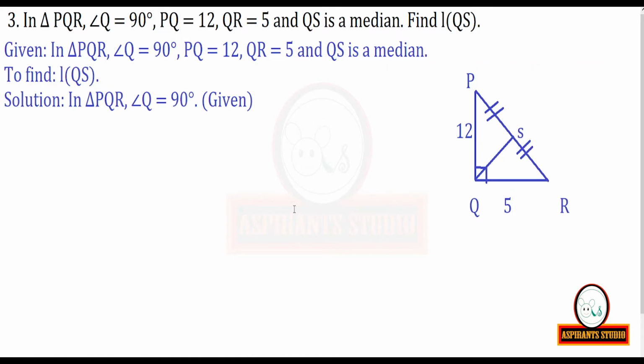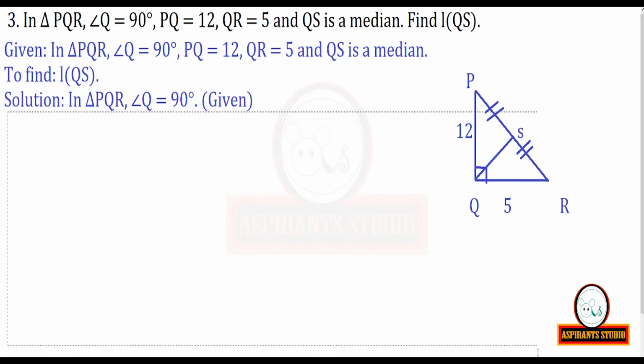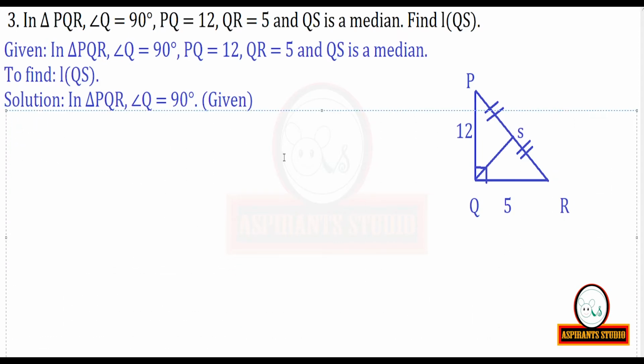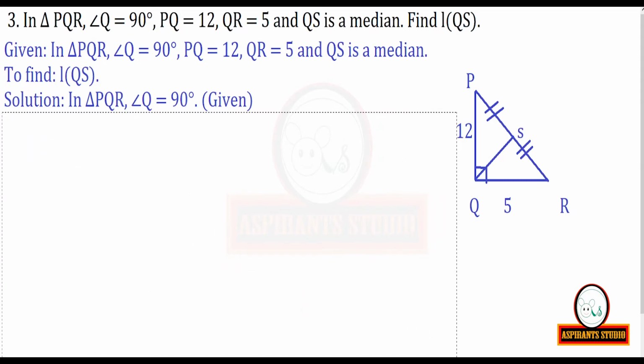You have to find length of QS. Now in triangle PQR, measure of angle Q is equal to 90 degrees is given. Therefore, triangle PQR is a right angle triangle.